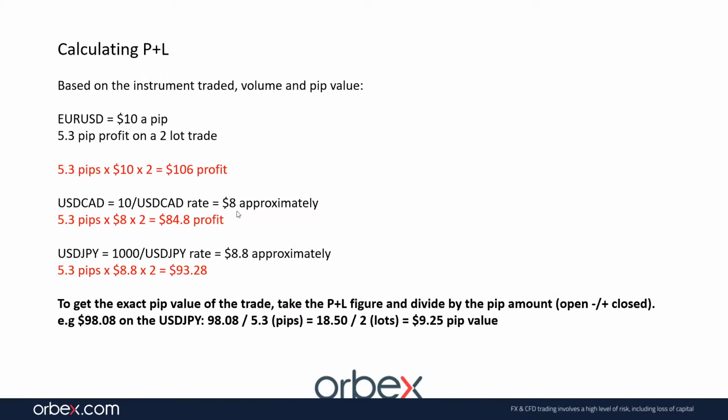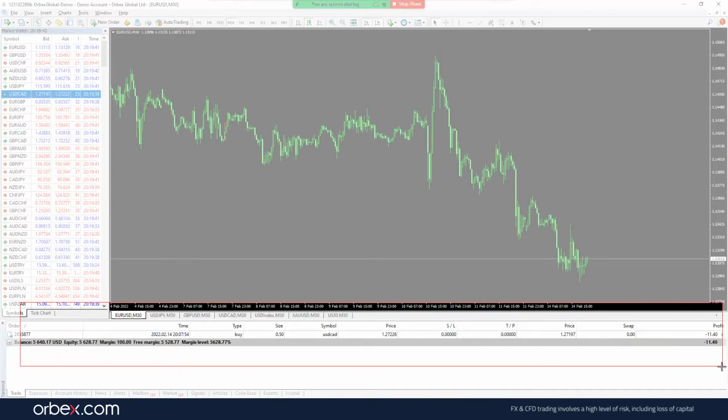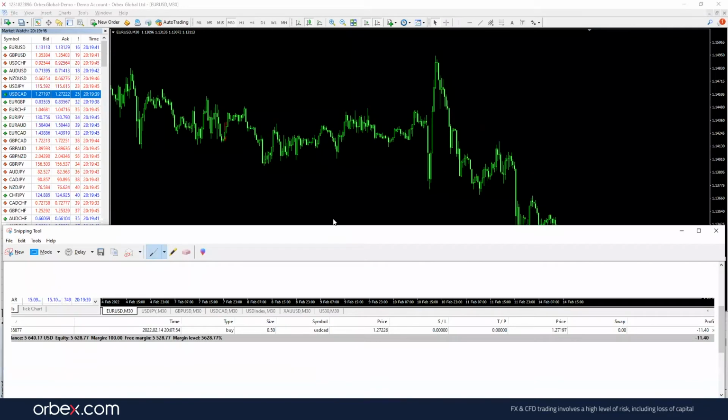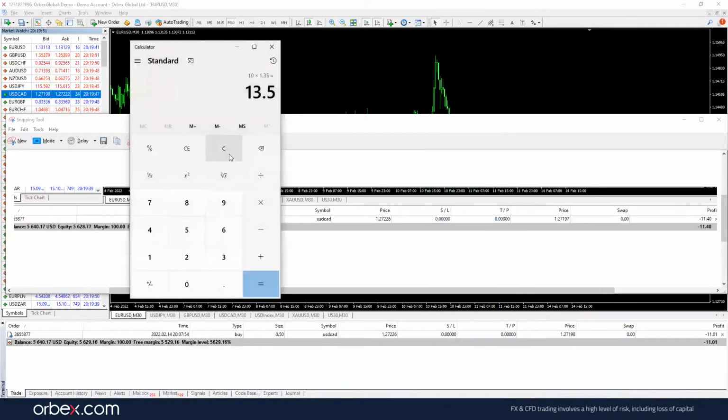It's approximately $8 a pip because it's 10 divided by the dollar CAD rate, which is 1.27. So let's just take a nice look at this. We'll freeze it so it's a bit easier to see. And we'll get the trusty calculator out. It hasn't failed us so far, so hopefully it won't this time.